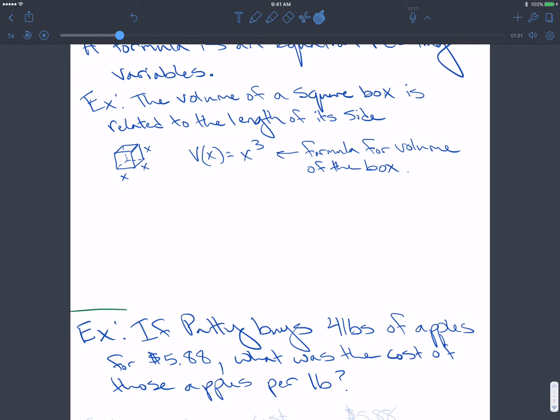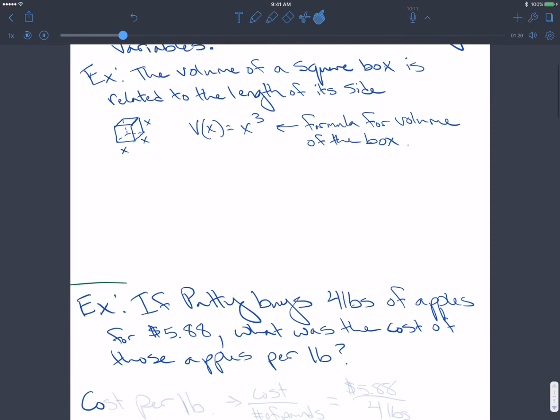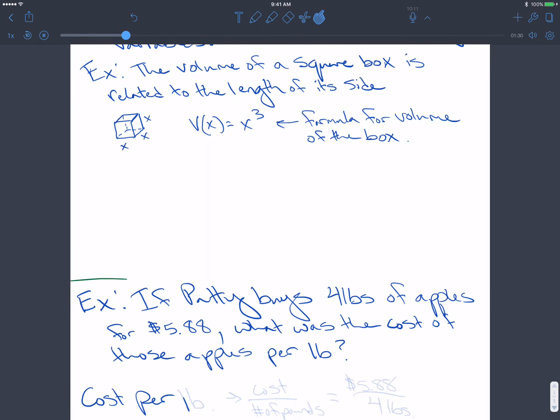And so I can take the total cost and divide by the number of pounds to figure that out, right? So cost per pound will be the cost divided by the number of pounds, which gets me that $5.88 divided by 4 pounds.